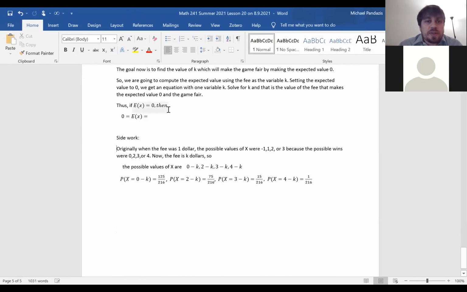Okay, so E of x is now the sum over all possible values of x times their respective probabilities.